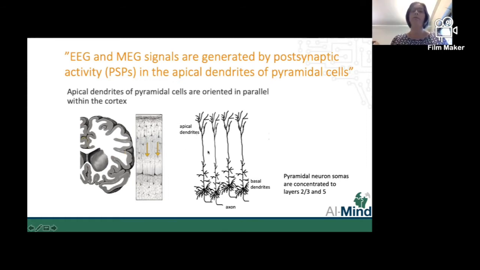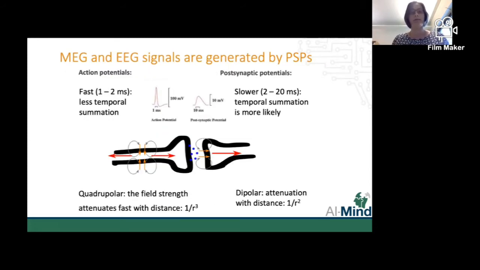They have long apical dendrites that are oriented in parallel to each other, meaning that currents flowing in these apical dendrites will be summing up. Okay, so those were the pyramidal cells.